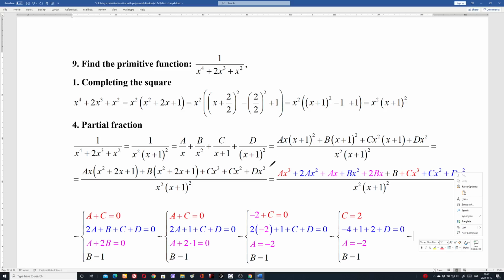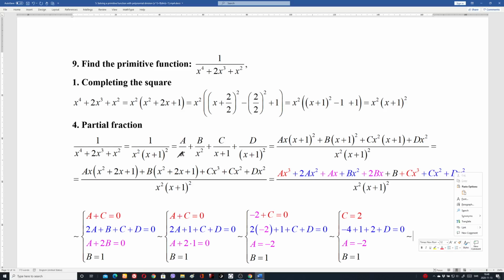Okay? So now we should find the lowest common denominator for all of these, which is x^2 times (x + 1)^2. This one here.